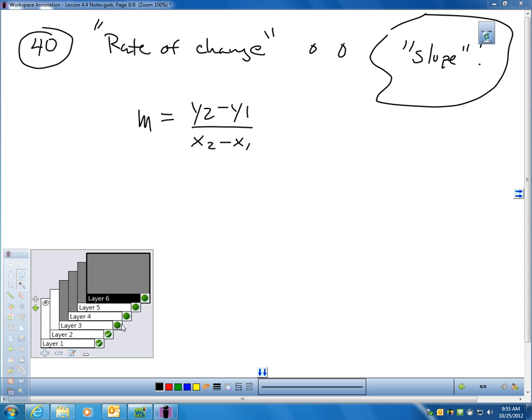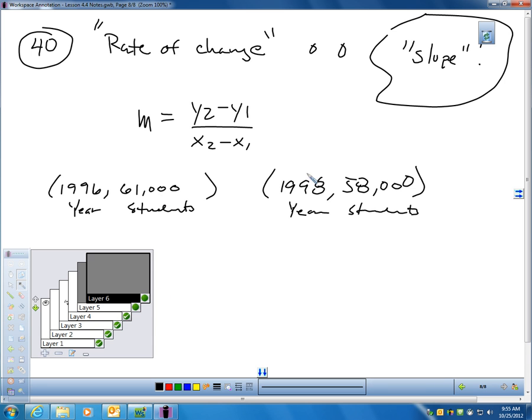Now, when you look carefully at that graph, it looks to me like in 1996, they had about 61,000 students. Now, you can see that there's a point for 1996, and this is the students in thousands. So it's a little bit past 60, so I call it 61,000. In 1998, you can see that the point is a little bit less than 60.